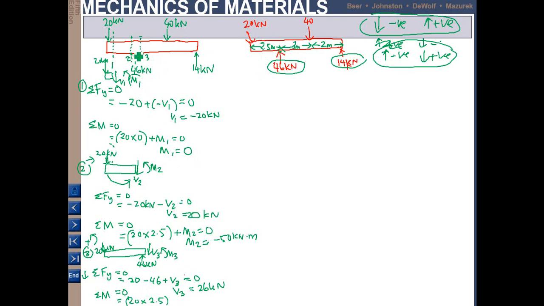So 46 will give to this direction, which is opposite to this M3, so it will be negative: minus 46 times 0, because the distance is 0, and then plus M3.